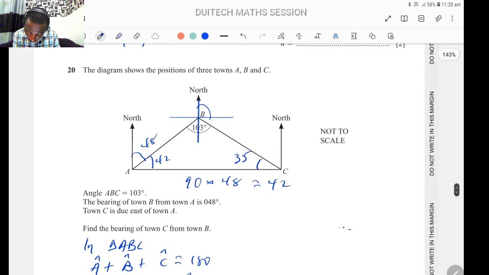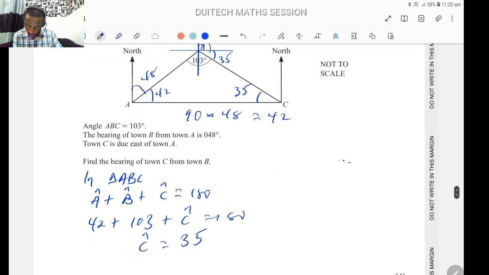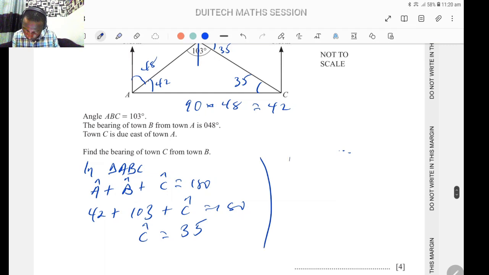So if here is 35, here is also 35. Remember, from here to here is already 90 degrees. So we add them together: 90 plus 35 gives us 125. So the answer here is 125.